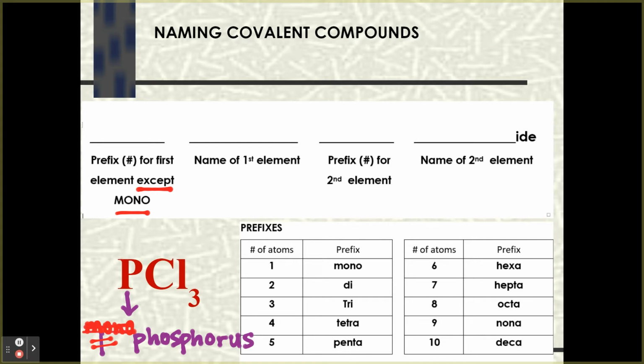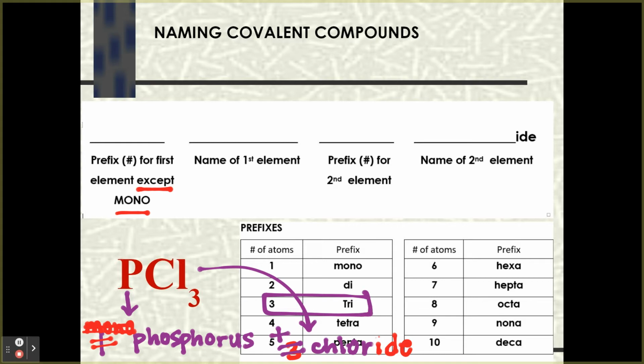Okay. All right, let's look at our second element. Our second element is chlorine. But remember, you have to change the last part to IDE. So I'm going to change that to IDE. I get chloride. And how many chlorines do we have? We got 3. But again, you can't have numbers there, so we have to change it to this.